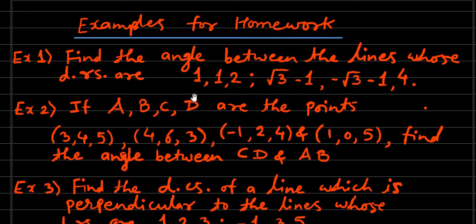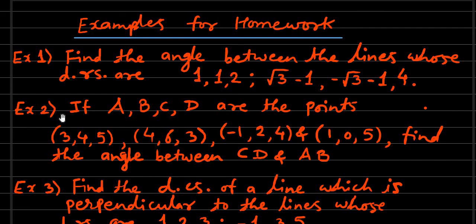So here the direction ratios of the first line are 1, 1, 2 and direction ratios of the second line are root 3 minus 1, minus root 3 minus 1 and 4. Here 1 in both cases is outside the square root, it is not in the square root. So even though there is a square root in the direction ratios of the second line, there is nothing to worry about, as you may get a simpler answer in this example.